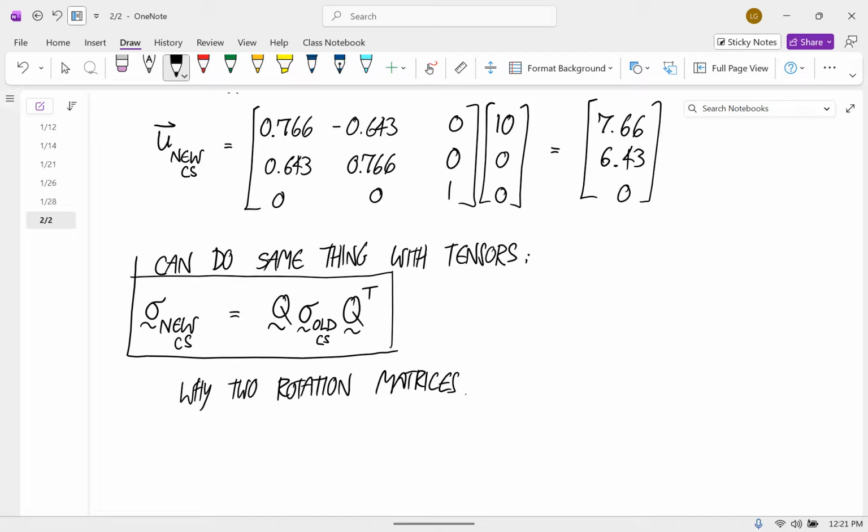Well, basically one of them puts the traction vectors on inclined faces, new faces.